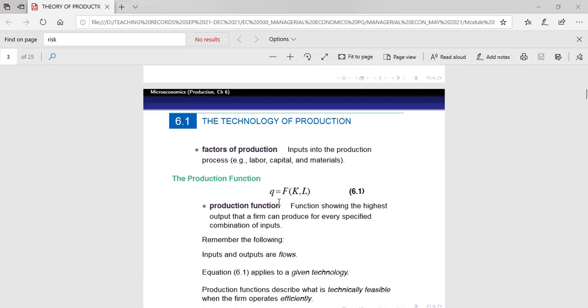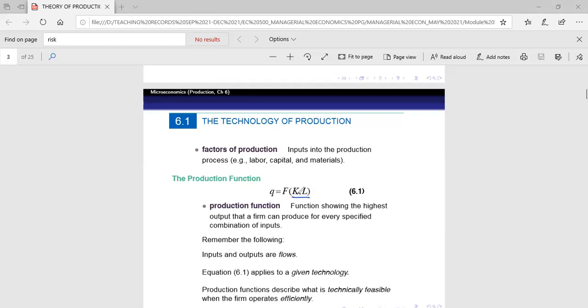So the production function will be a function of these inputs. The production function is illustrated by output being a function of these inputs that are used in the production process.